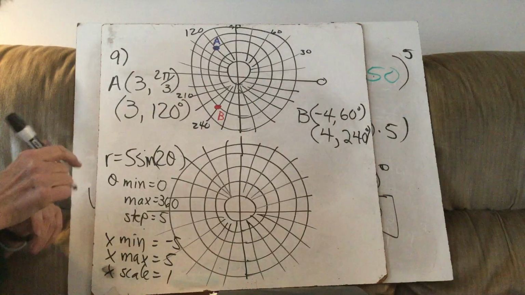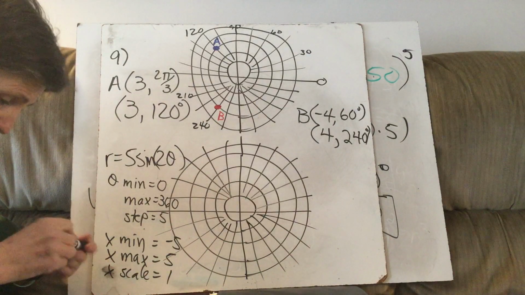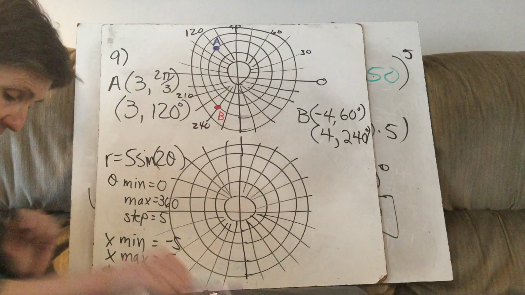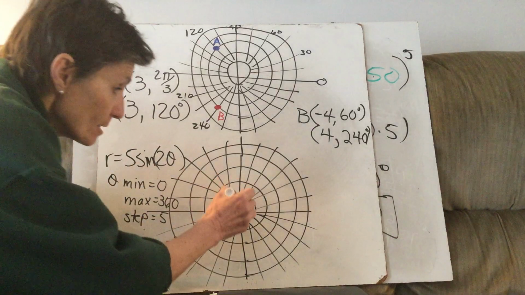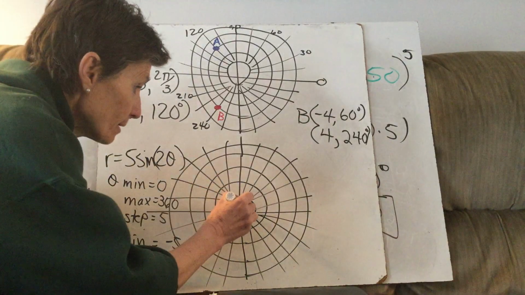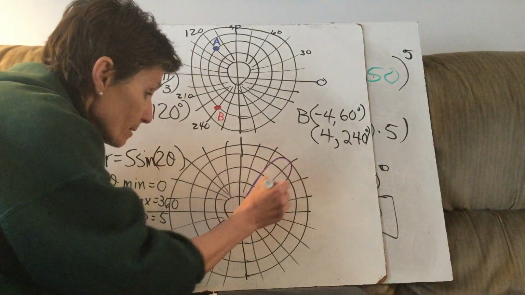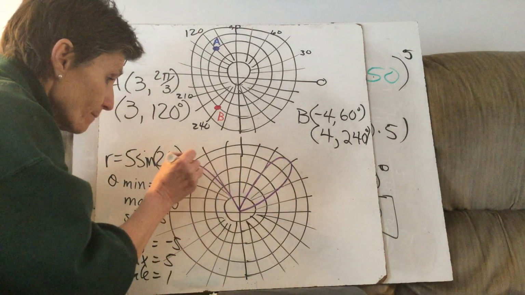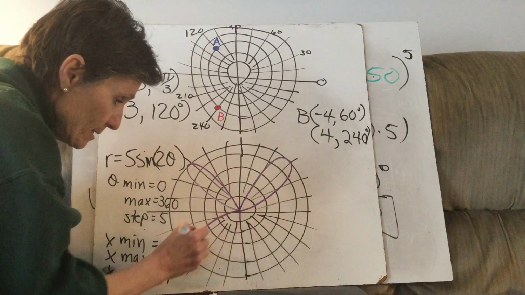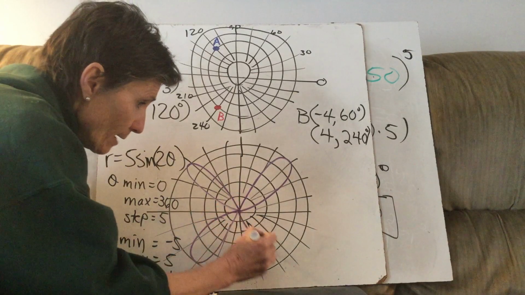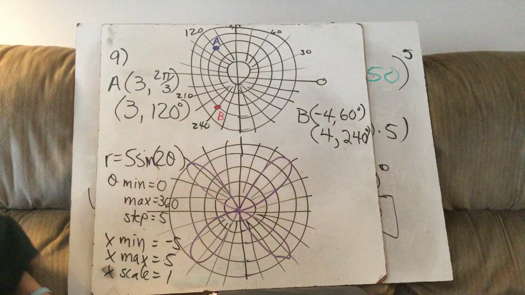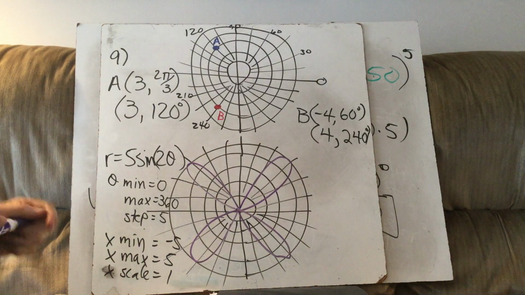So now you're going to graph this as accurately as you can. So it looks like we have a leaf in every quadrant like this.